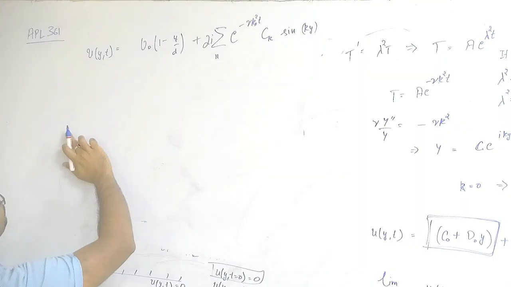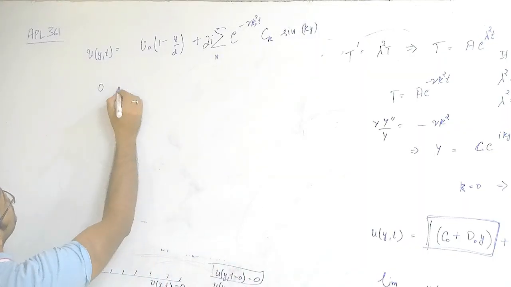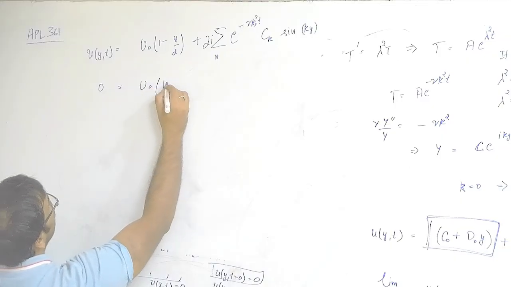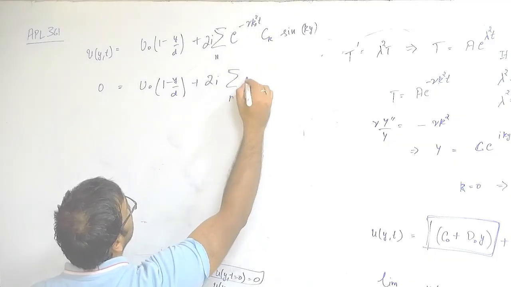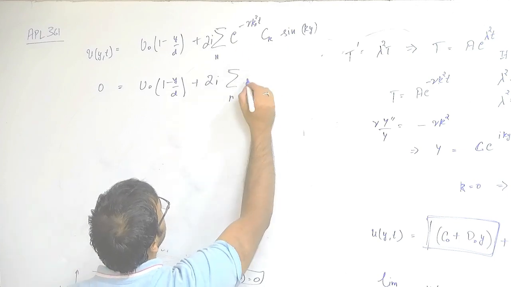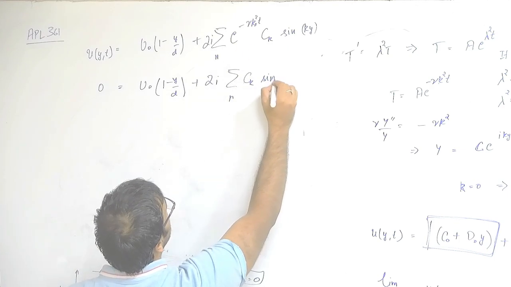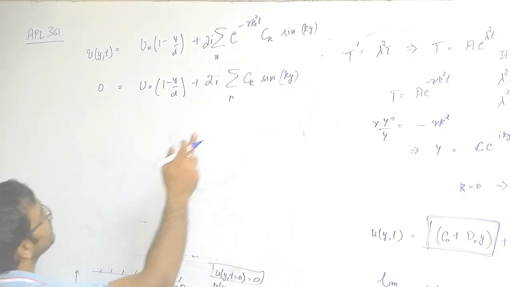So u at y comma t equal to 0 is u naught, 1 minus y by d, plus 2i sigma, ck sine k n y. Since t is equal to 0, the exponential term is 1.